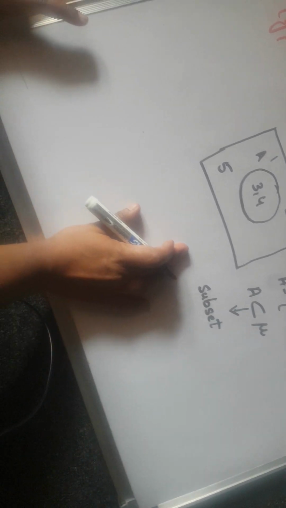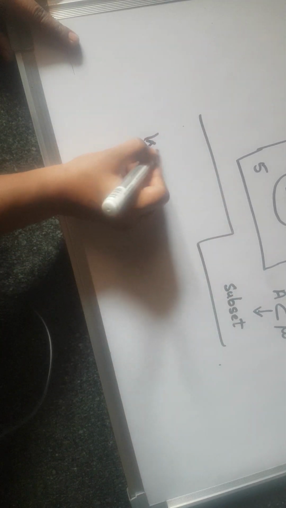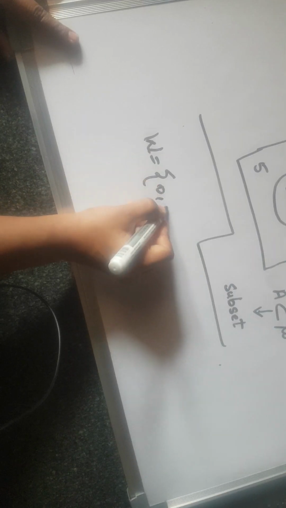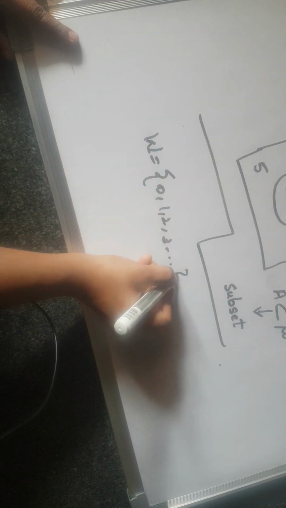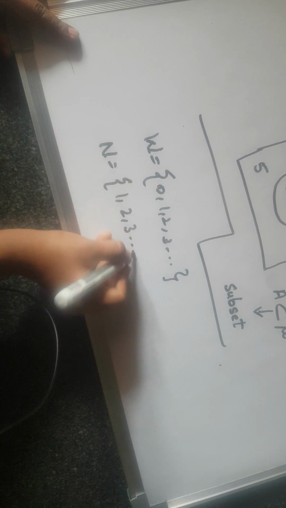I'll tell you another example. Take the example of whole numbers. Whole numbers start from 0 1 2 3 and so on. And what are natural numbers? Natural numbers start from 1 2 3 and so on.